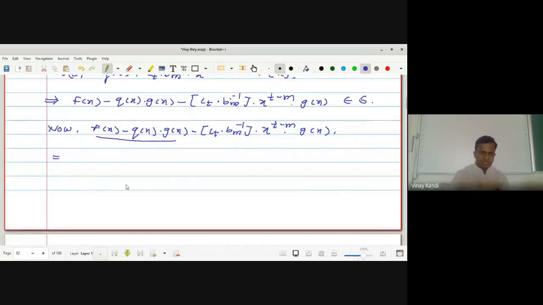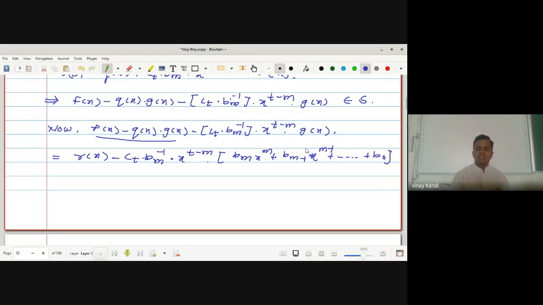So this is r of x minus ct into bm inverse into x raised to t minus m into this g of x, which is bm x raised to m plus bm minus 1 into x raised to m minus 1 and so on plus b naught.